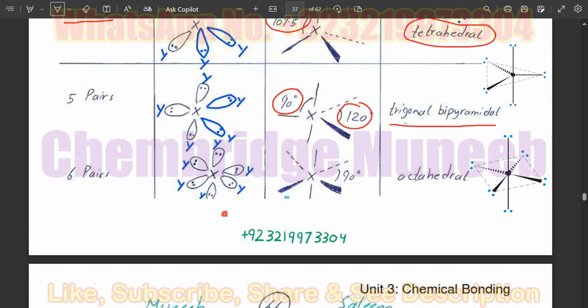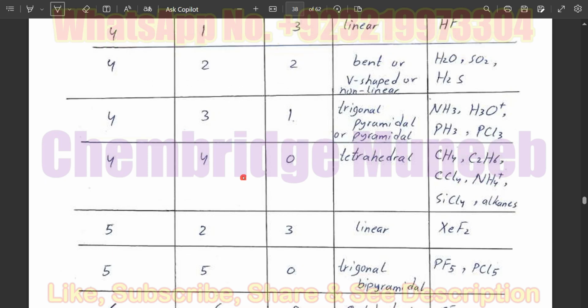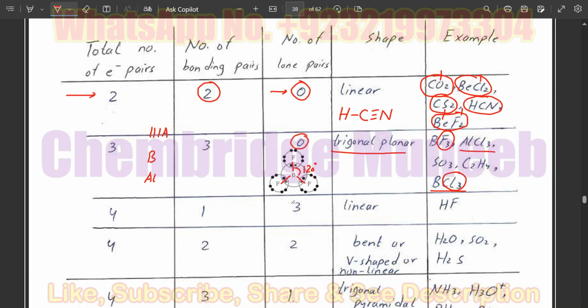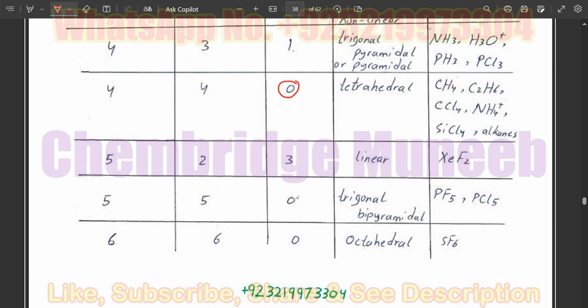Now from this table we have covered these topics. We have covered these rows, like we have covered this row in which there was no lone pair. We have completed the examples in which there were no lone pairs, and we only saw the bonding pairs. So we have discussed these examples.